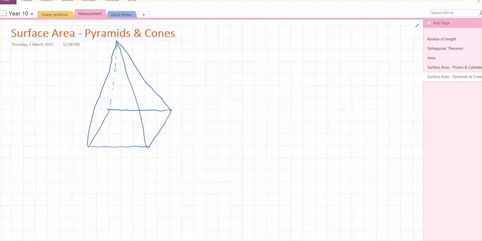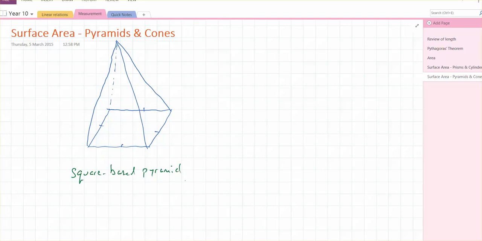Now, in this case, I've drawn a square based pyramid, but that base could be triangular, it could be pentagonal, and the pyramid is defined by the shape of its base. So this one would be a square-based pyramid if I'm going to say that these sides are all the same length.